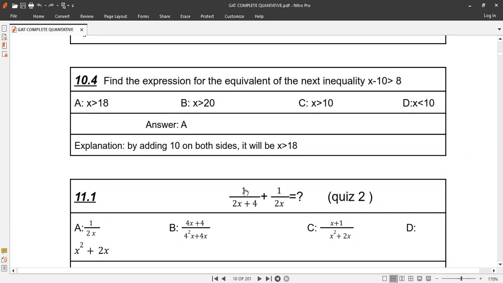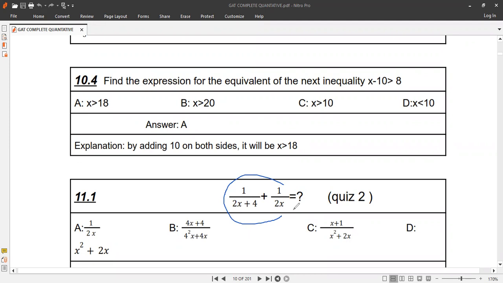Here, guys, we have 1 over 2x plus 4 plus 1 over 2x. Of course, we have many ways to do this question, because here we don't want to find the value of x because we don't have an equation. Here, we need to simplify. Focus with me, guys.